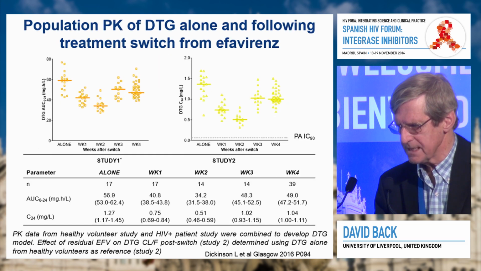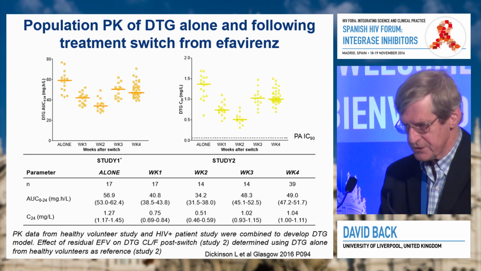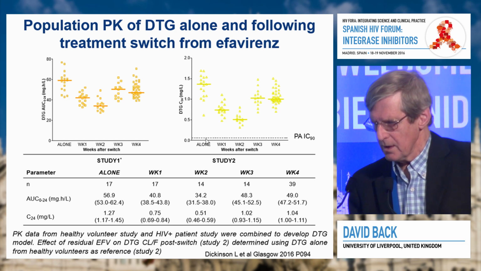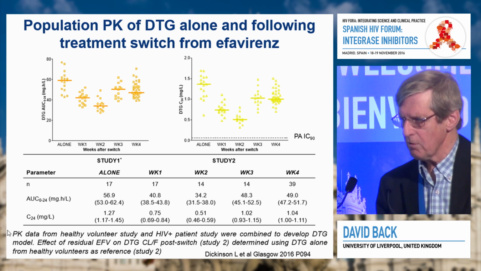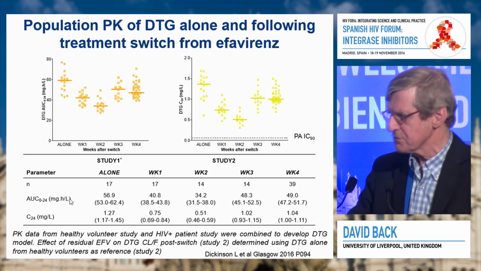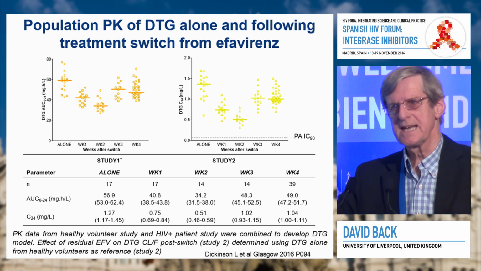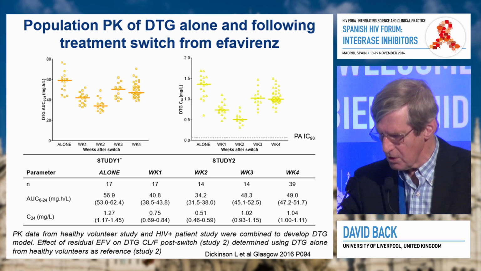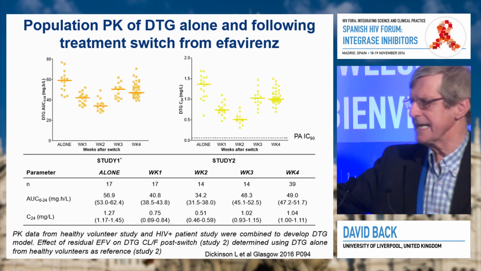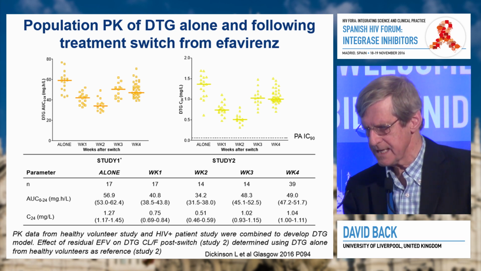I think that's all potentially important. The final issue around Dolutegravir is there was a study also in Glasgow of PK when you switch from an Efavirenz regimen to Dolutegravir. Now, Efavirenz is an enzyme-inducing drug. If you stop Efavirenz, you will still have induction of the enzymes metabolizing Dolutegravir.